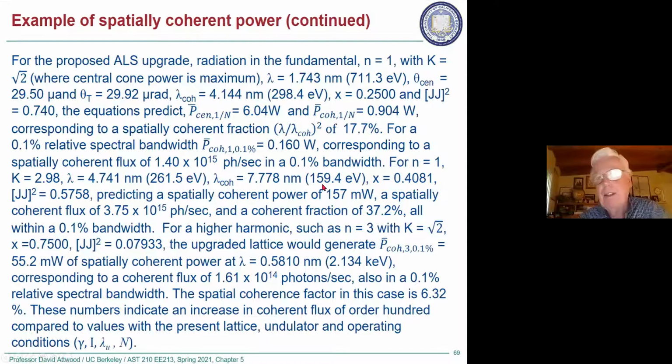Then these are slides where I didn't want to bother you, but the homework problem involves some of this. I think you can ignore this and just do the homework problem. These were where we were trying hard to make sure that we were getting the right answer and that it matched what everybody else was getting, despite the different definitions of the central radiation cone.